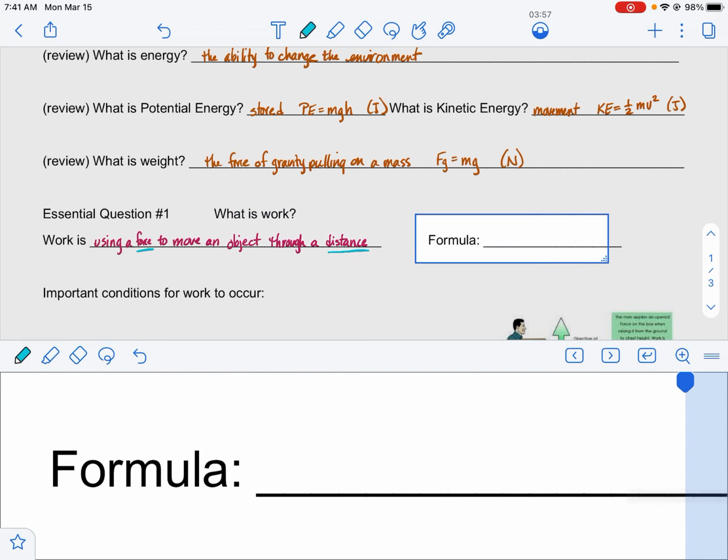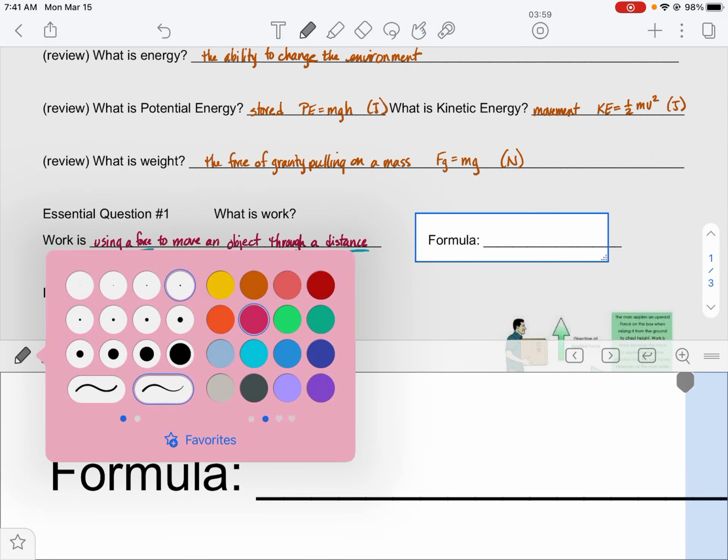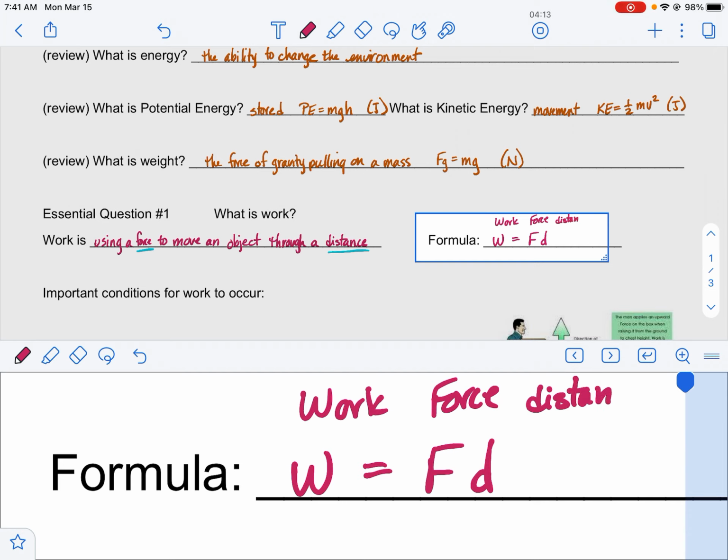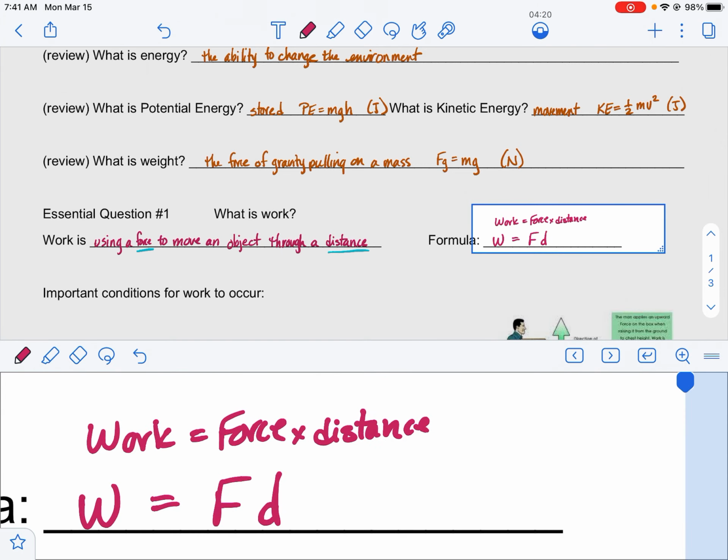The formula that we are going to use for this, W stands for work, is equal to F is force, D is distance. Pretty straightforward, huh? So work equals force times distance. And because work and energy are so closely related, we are also going to measure this in joules. So just like energy, work is measured in joules.